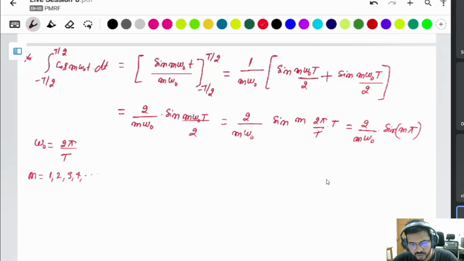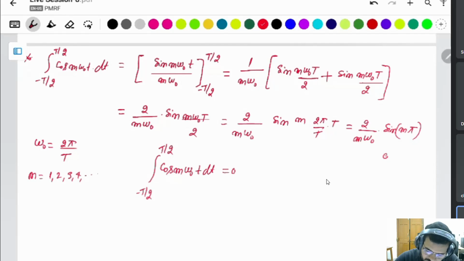Sine 3 pi is also 0, and 4 pi also 0, so the whole value will be 0. In this case, if we integrate a cosine signal over a full cycle, a time period, then the value of the integration is equal to 0.